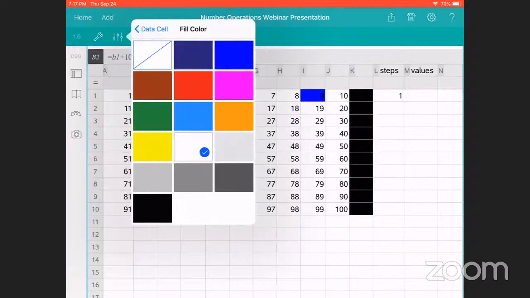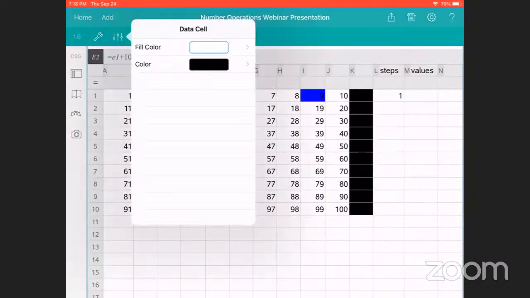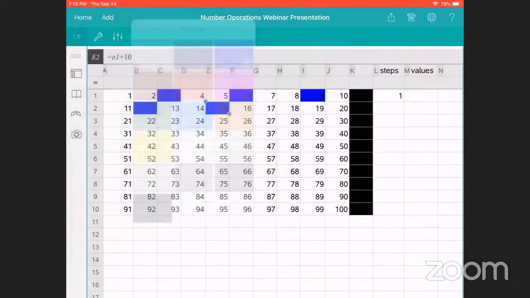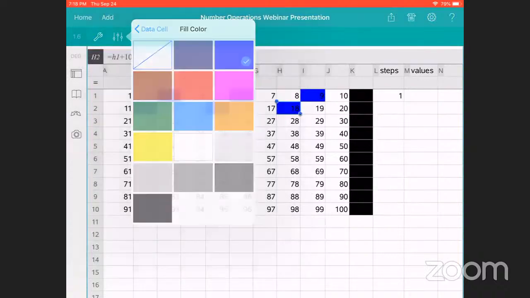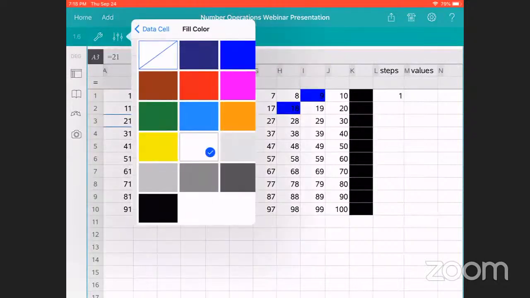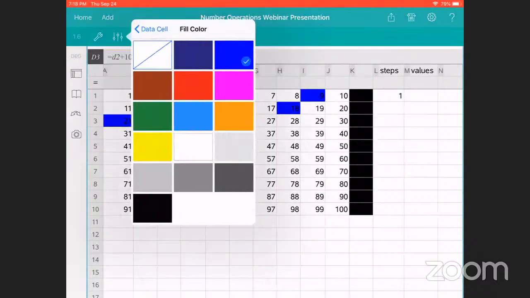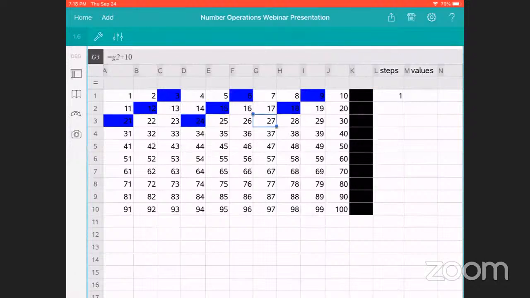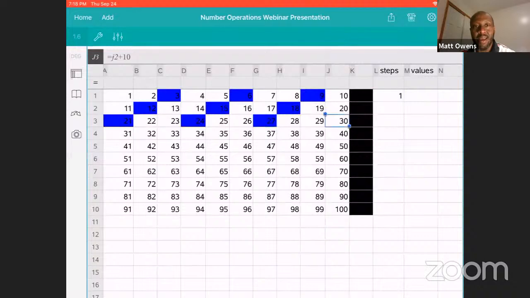So we are creating that same pattern that we just created on the last 10 by 10, but this time we're equating it with numbers. So that is always nice. Yeah. And they start to recognize, oh, now not only am I seeing diagonals, but I'm starting to look at the actual numbers. Yes. And they get pretty excited about that.